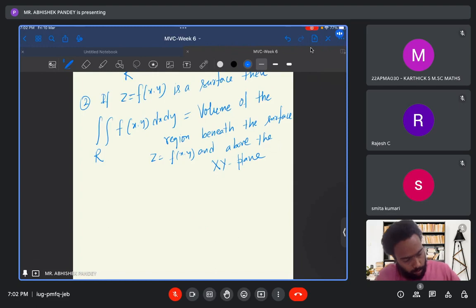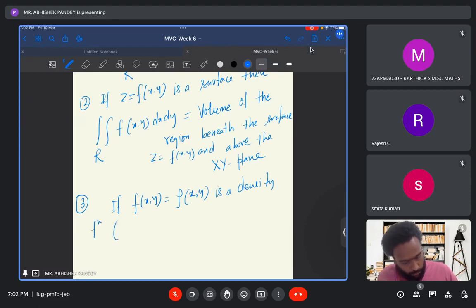Okay, this is the third. Now the third thing is, if f of x comma y is the density function, what is a density function?